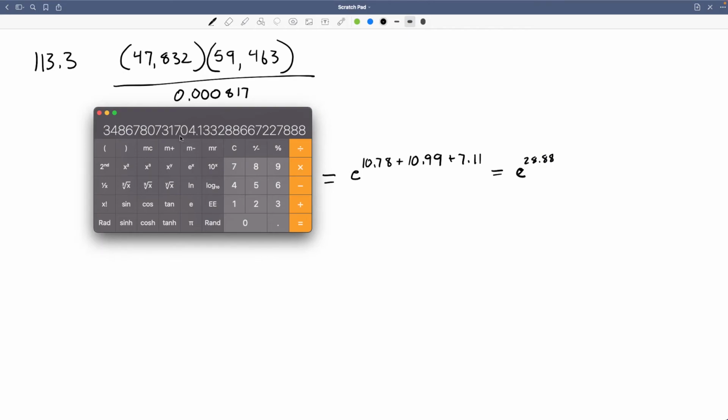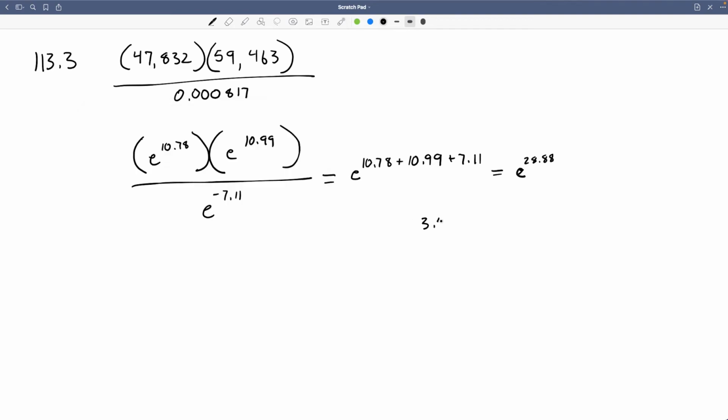So 1, 2, 3, 4, 5, 6, 7, 8, 9, 10, 11, 12 places again. So that's going to be 3.49 to the 12. So 3.49 times 10 to the 12 is how we would write that in scientific notation.